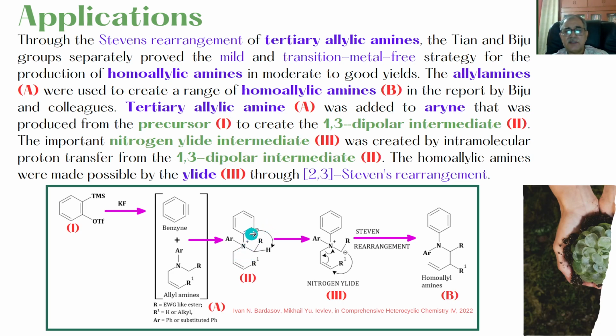Then this 1,3-dipolar intermediate, this negatively charged ion, will abstract a proton from the alpha carbon, and this will get neutralized and the other carbon will have a negative charge now.